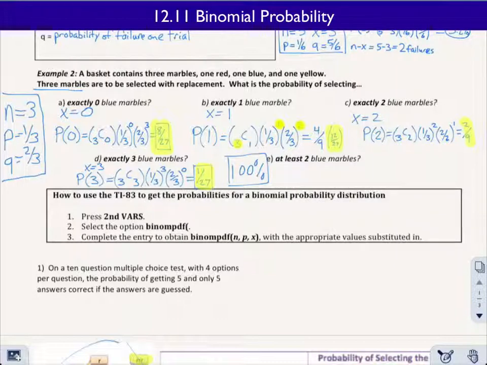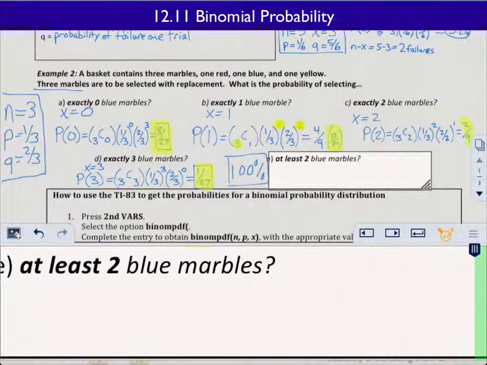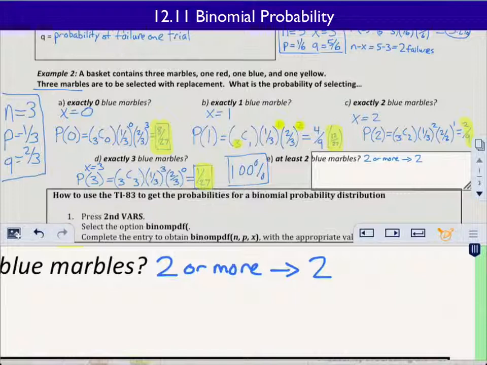Now, the next question is a little bit different. It says, what's the probability of getting at least 2 blue marbles? And what this means is 2 or more. And in this case, 2 or more means getting 2 or getting 3. So when we look at this, we think, well, x has to equal 2 or x has to equal 3 for our exact number of successes.